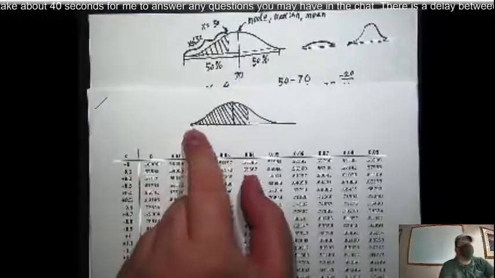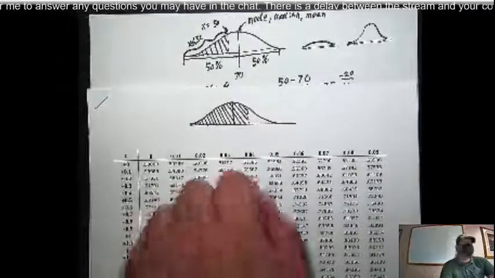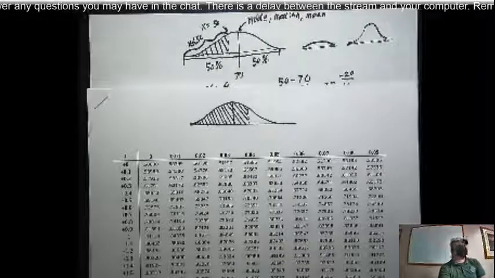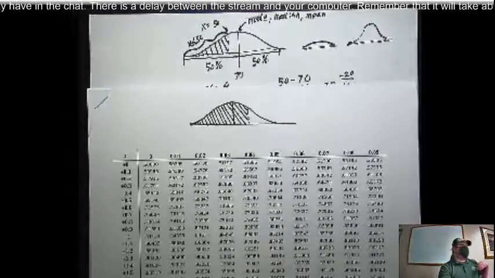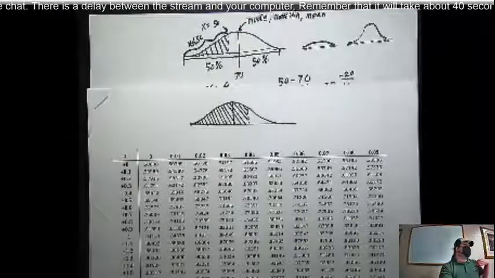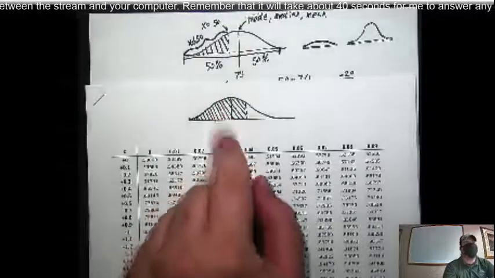So this would be below this particular x value or equal to it. So like our light bulb example, what's the probability that the light bulb would have a lifespan under a certain amount of hours? That would be this right here.